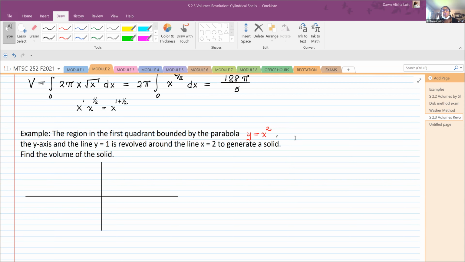Dr. Lock, I assume you want us to draw the reflection for this, right? Yes, you may as well go ahead and draw the reflection. That would be excellent.